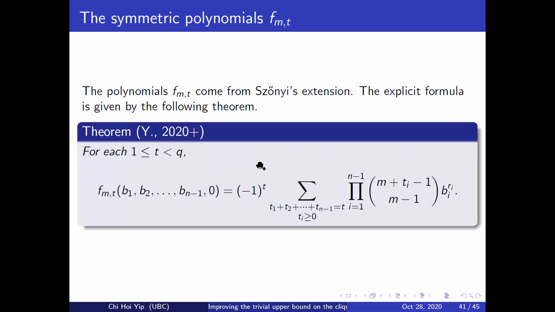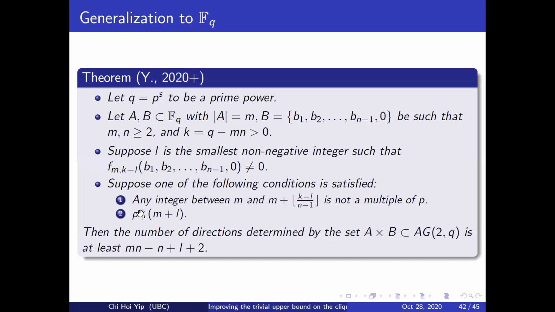But based on this explicit formula, it will be very difficult to study whether this is non-zero at the set B. So we can ignore this condition at this moment, and we can try to see whether the first condition can be satisfied in some cases.